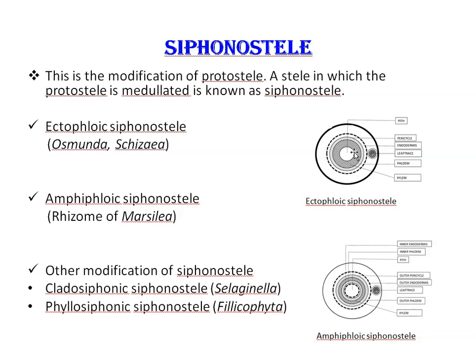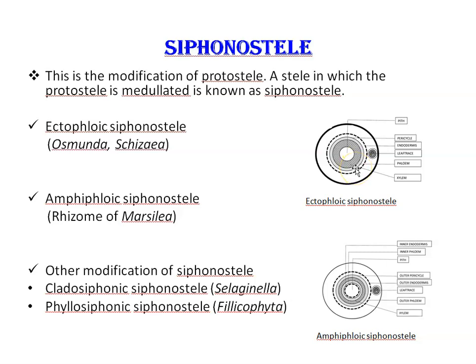Here the pith is surrounded by concentric xylem, and next to the xylem is the concentric phloem cylinder. It means phloem is restricted only to the external side of the xylem. Example, Osmunda.